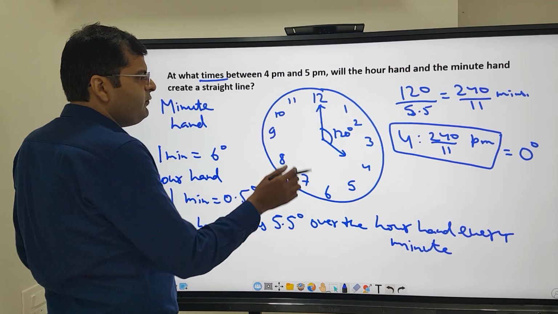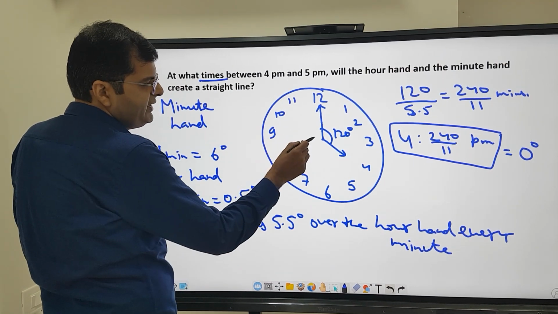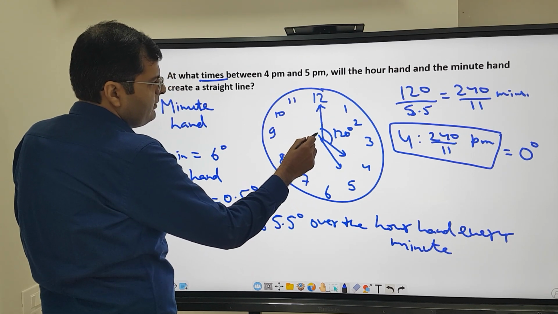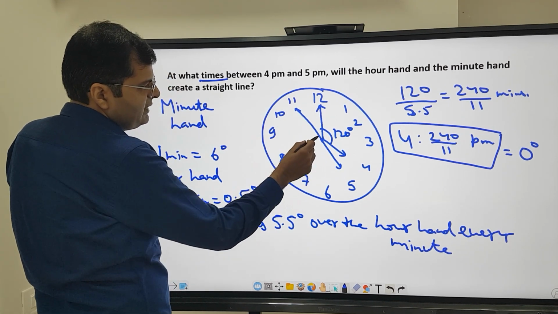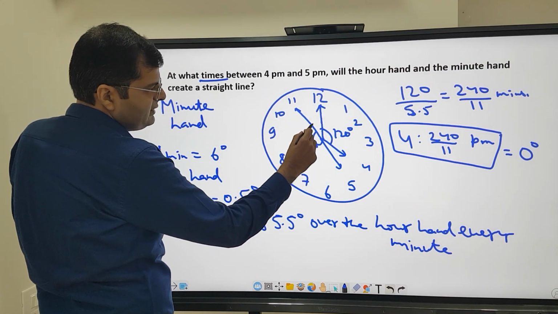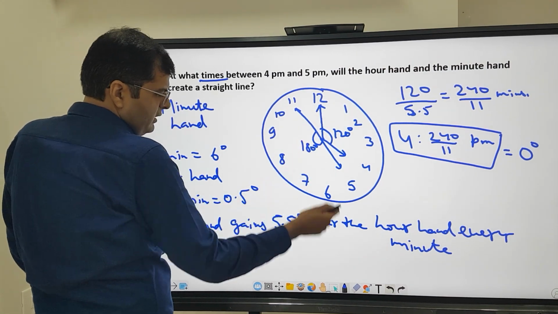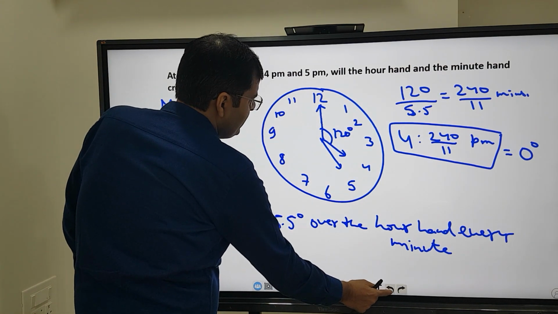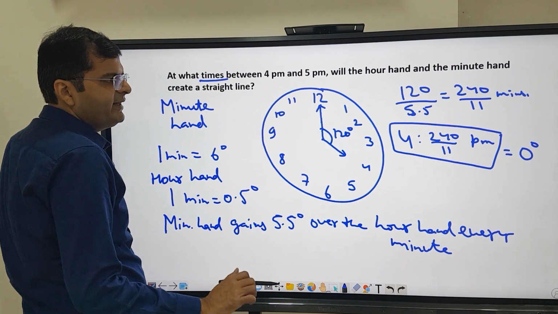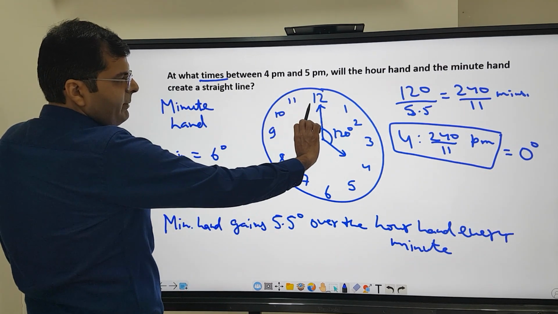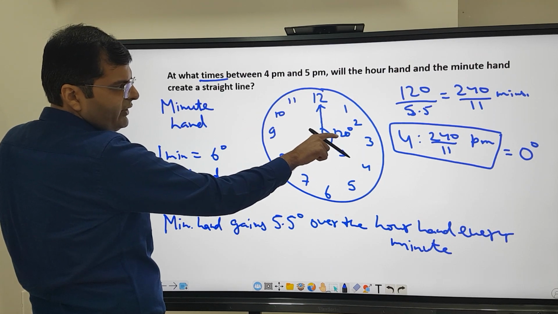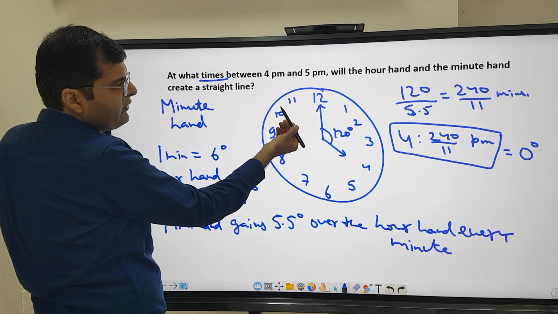Now to create a case of 180 degrees, the hour hand might be somewhere like this and the minute hand should be somewhere like this. This has to become 180 degree. Okay. So if this is 180 degree here, the other side is also 180 degree. So now to create a 180 degree situation, the minute hand has to gain how much? It has to first come down and cover this 120 degree and further gain a 180 degree.